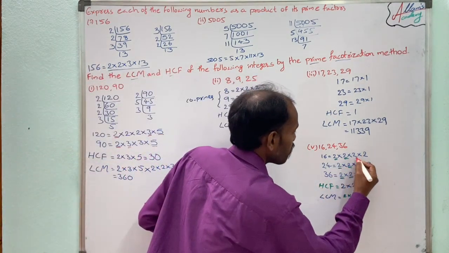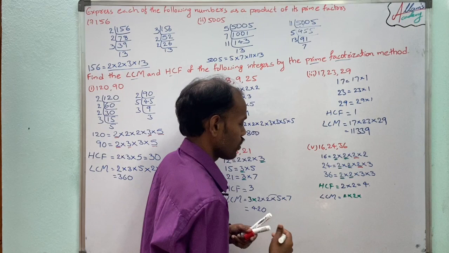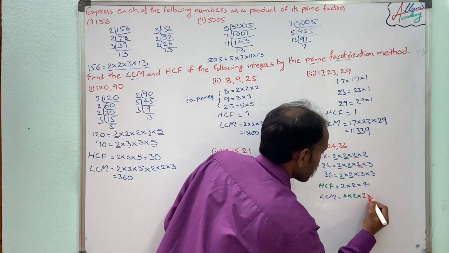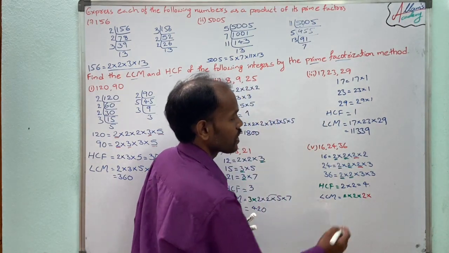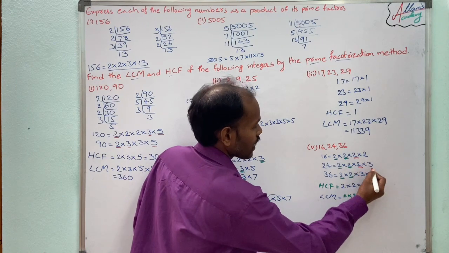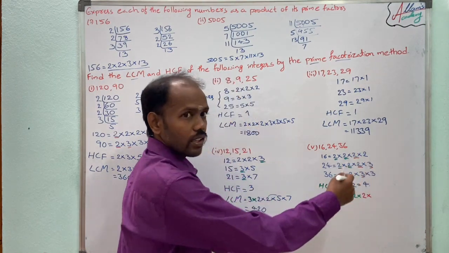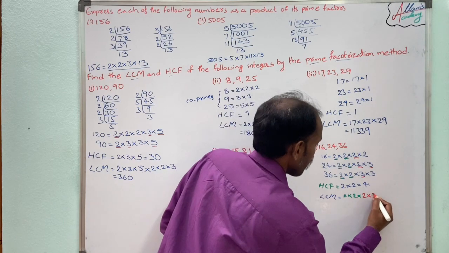We take that 2 as a pair. And here we observe the 3 is in the second and third numbers, so that pair we take also once.